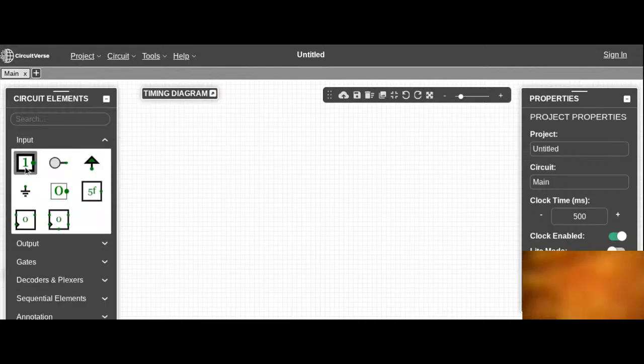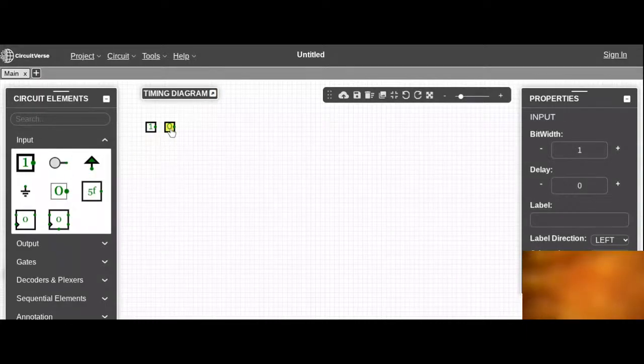So we have to take three inputs, 1, 2 and 3. We have to take two XOR gates like this. One will be connected with this, and the first two will be connected like this. The second one with this, and the third one with this.